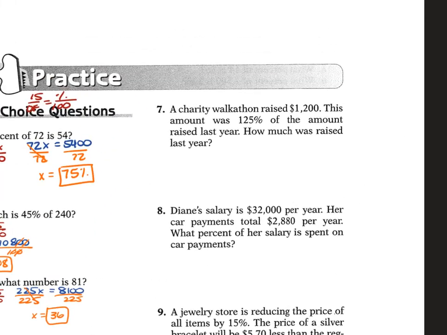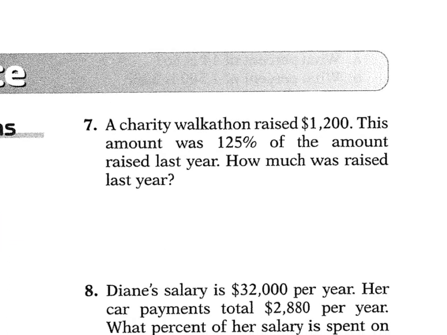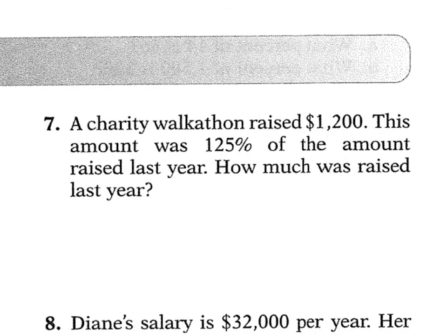For 7, it says a charity walkathon raised $1,200. This amount was 125% of the amount raised last year. How much was raised last year? So we're going to set up our proportion of 1,200 over something is 125 over 100.